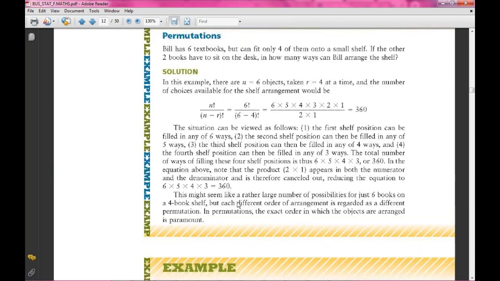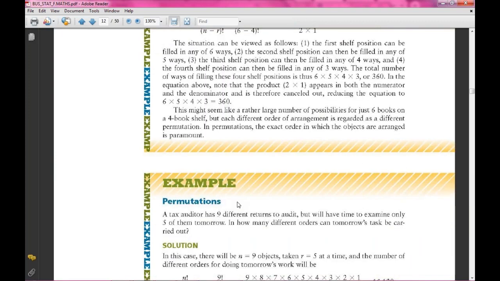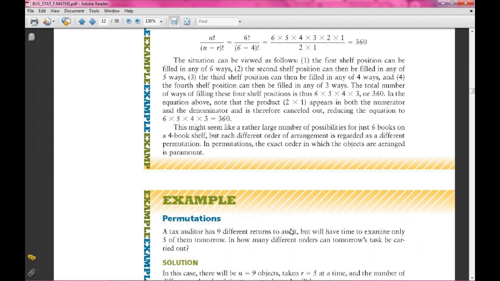A tax auditor has 9 different returns to audit, but will have time to examine only 5 of them tomorrow.